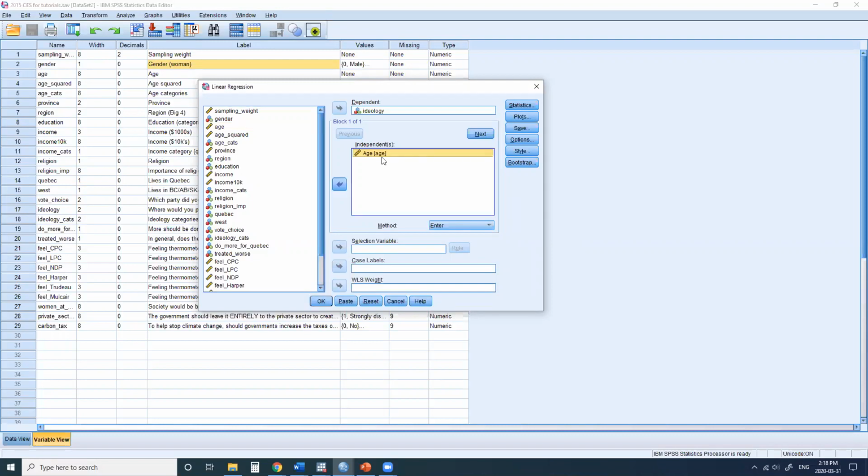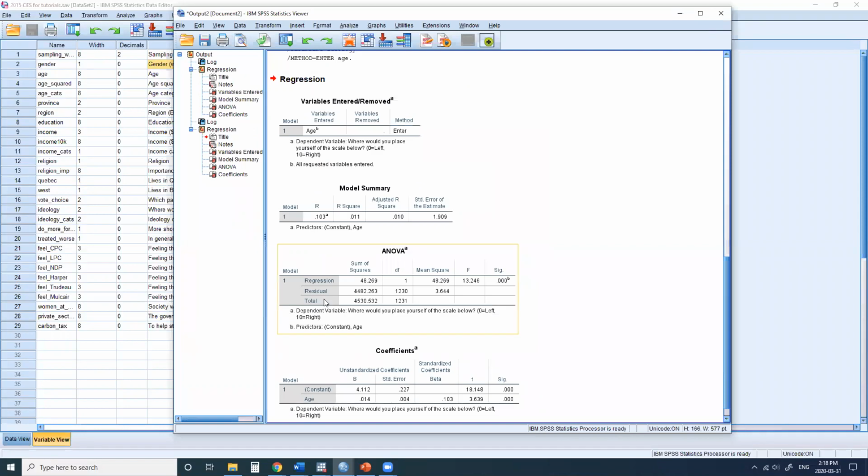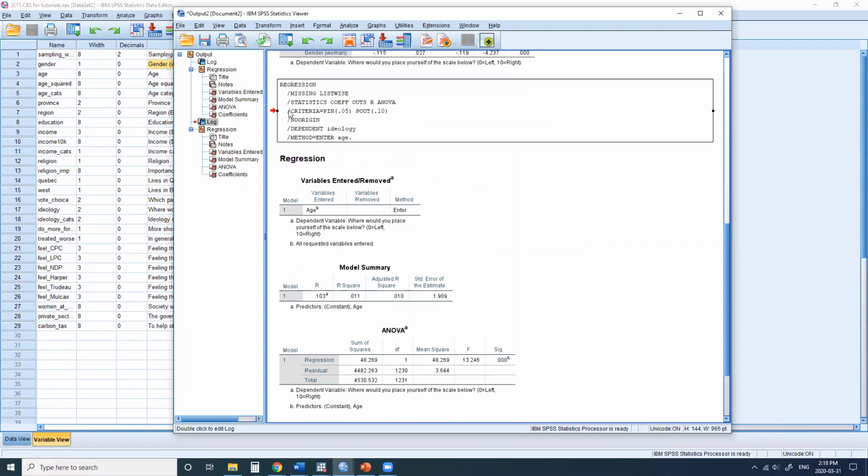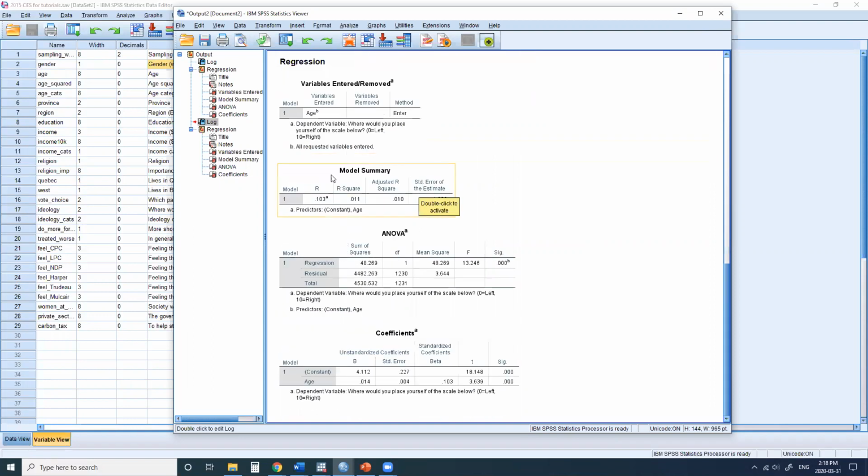We'll move that over to the independent slot and go OK. And again, you'll see regression. We have entered age and ideology as the dependent variable, and we see that the R squared is 0.011. So again, it's not a very comprehensive model.